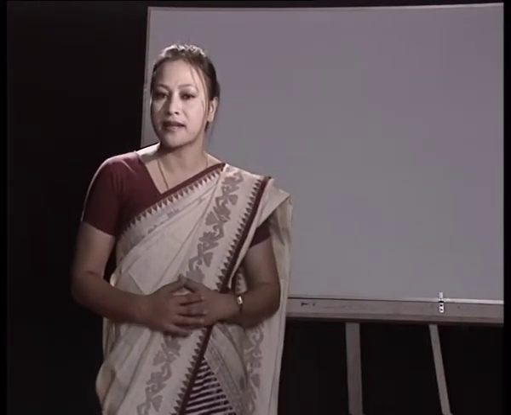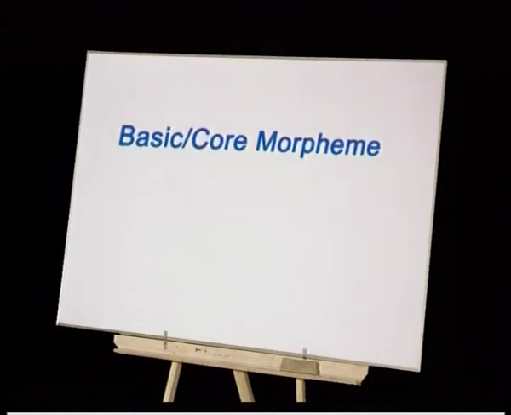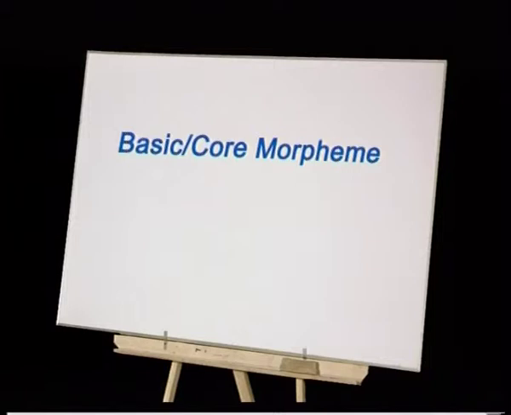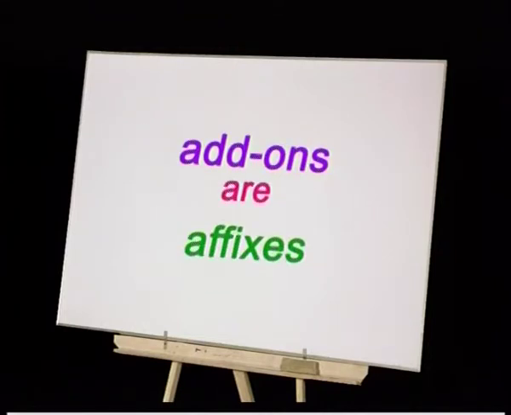In a morphologically complex word, a word composed of more than one morpheme, one constituent may be considered as a basic one, the core of the form, with the others treated as being added on. The basic or core morpheme in such cases is referred to as the stem, root, or base, while the add-ons are affixes.